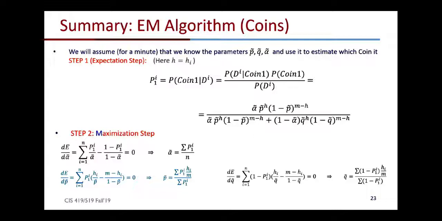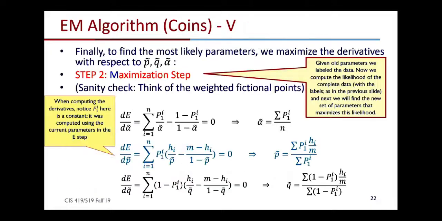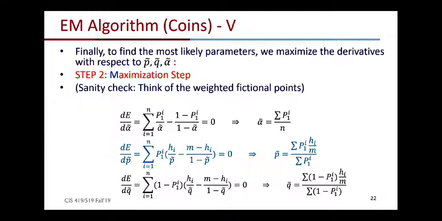Yeah. Can you just summarize the assumptions and the approximations we made in the maximization step? In the maximization step, we made one assumption. Not assumption, we just cheated a little bit. Right?